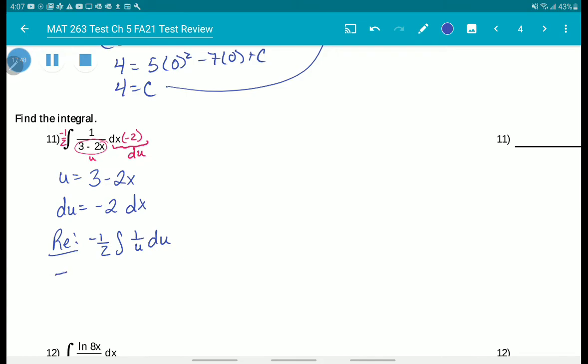And that is our ln rule. And then substitute back in. So there's our final answer.